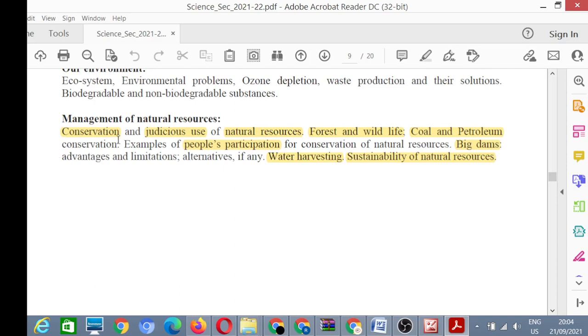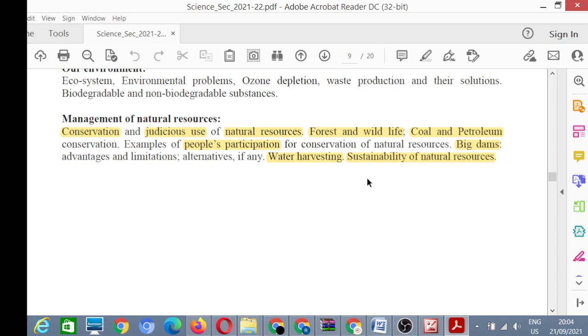Now first is conservation, and next is use. Use, how to use these resources, natural resources.